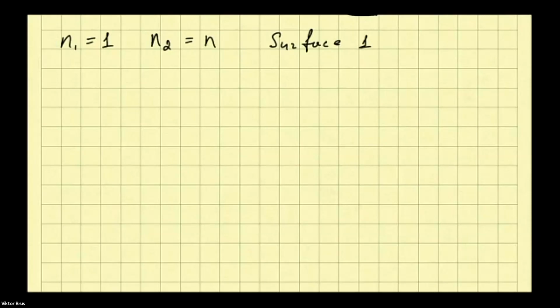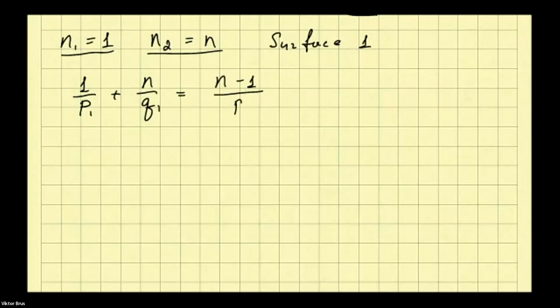So based on our previously derived equation, considering these values for refractive index, we can write 1 divided by P1, position of object with respect to first surface, plus N divided by Q1 is equal to N minus 1 divided by R1. So that is the equation for first surface.